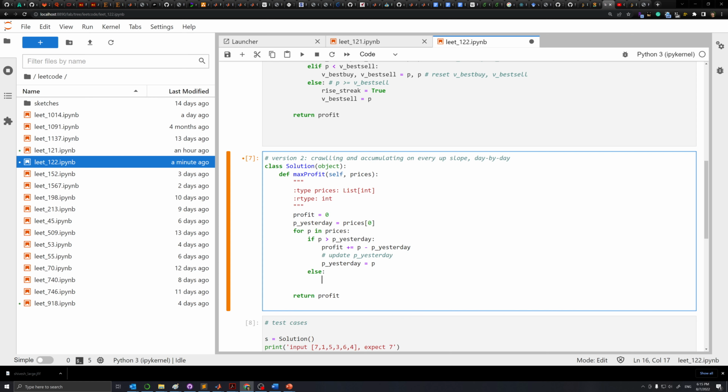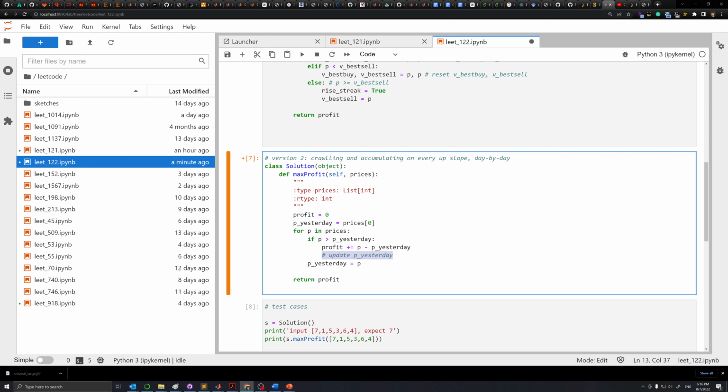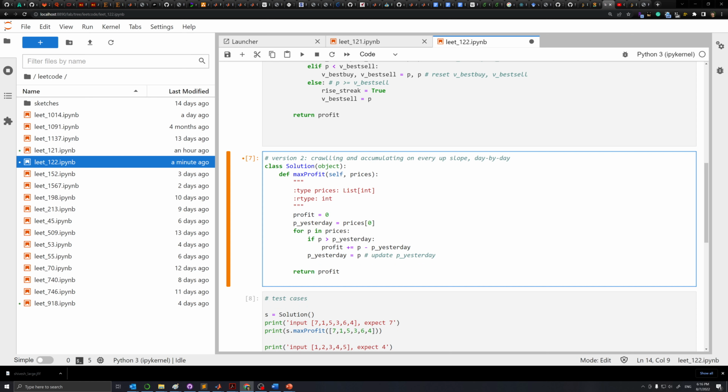Else we just update p yesterday to p. Actually, you're updating this anyway, so let's drop that else condition and just do the update, because you're gonna update it anyway, right? And return profit.